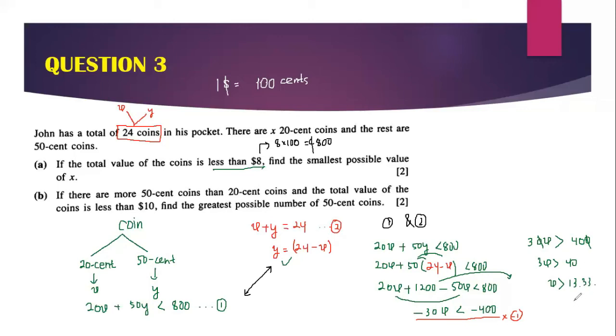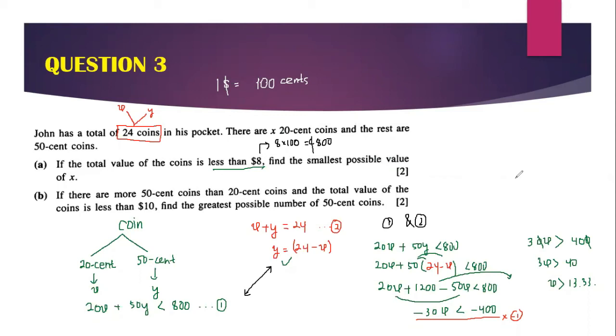It doesn't change to 13.4, so it's still 13.3. But the question is about integers. Can you imagine there is a coin whose value is 13.3?